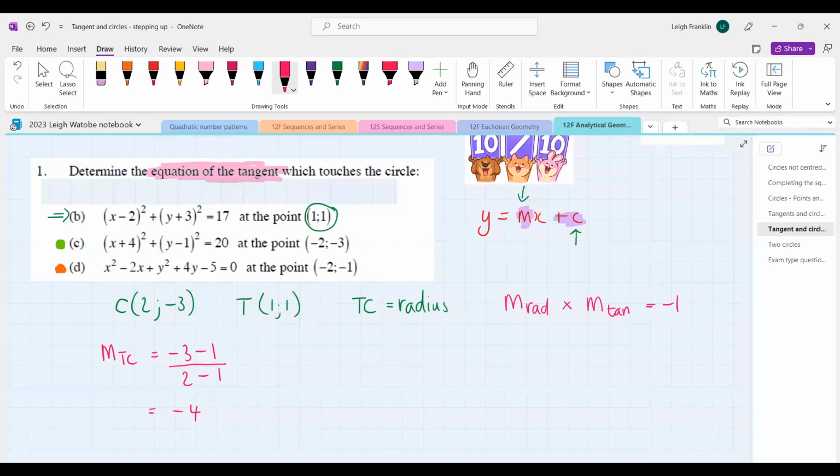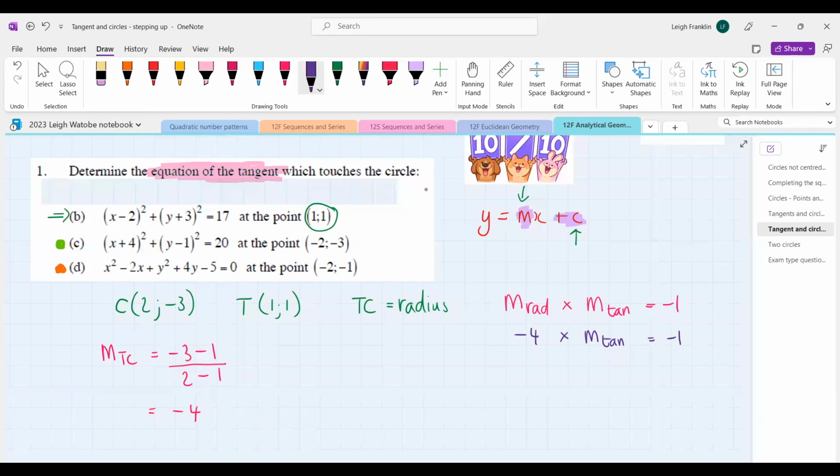I agree with you. Then what are you going to do after you've got the gradient of the radius? We're going to substitute the gradient of the radius into m_rad times the gradient of the tangent is equal to -1. Good, so -4 times the gradient of the tangent equals -1.